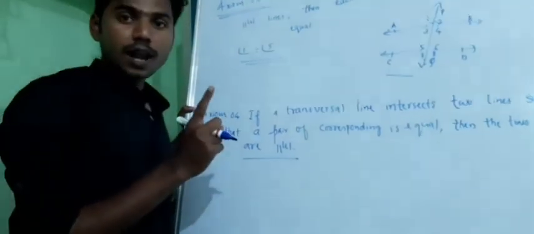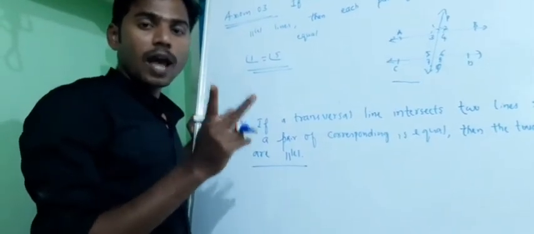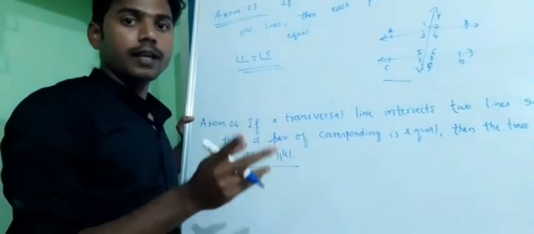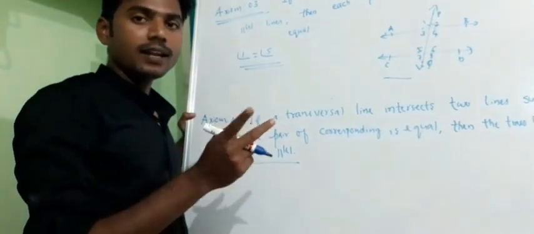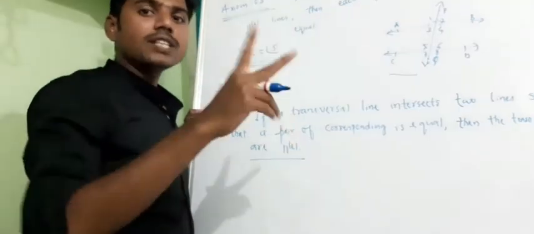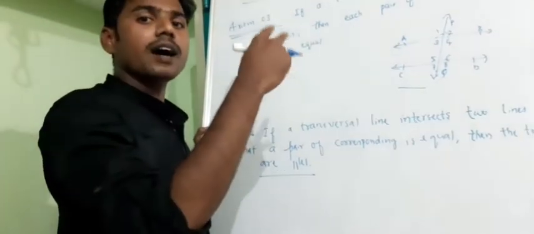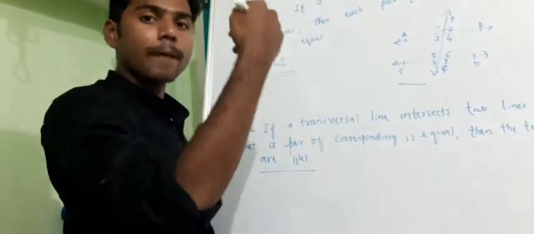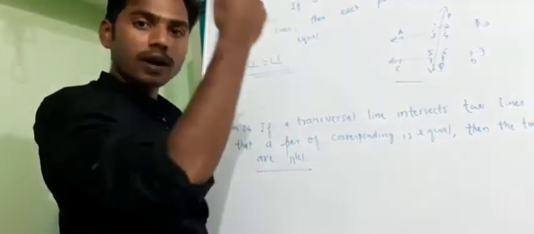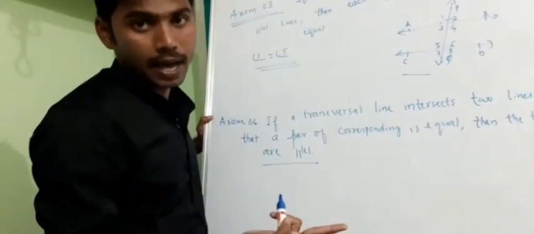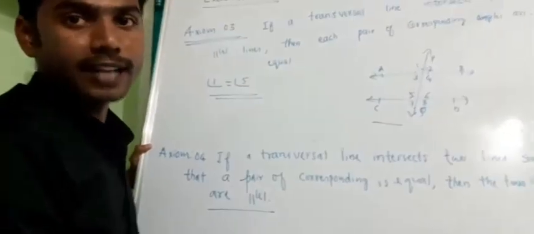If a transversal line intersects two lines in such a way that a pair of corresponding angles are equal, then the two lines will be parallel. Earlier, we said the two lines were parallel. In this case, the corresponding angles are equal, then the two lines are parallel. Exactly the converse of axiom 3.